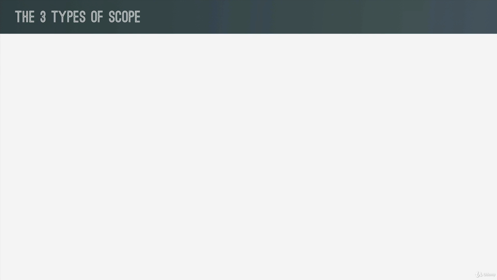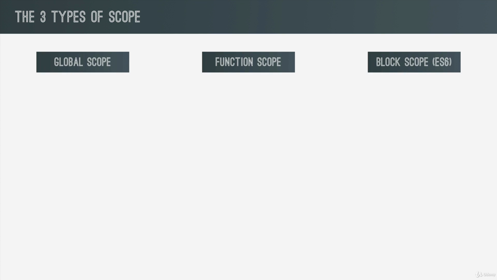Anyway, let's now talk about the three different types of scope in JavaScript. So that's global scope, function scope, and block scope. And remember, scope is the place in our code where variables are declared. And when I say variables, the exact same thing is true for functions as well.